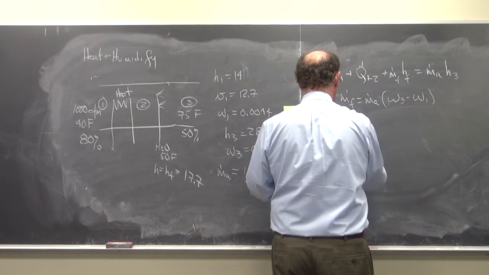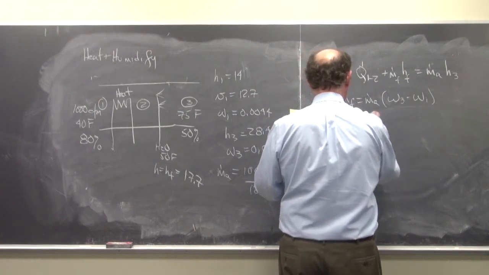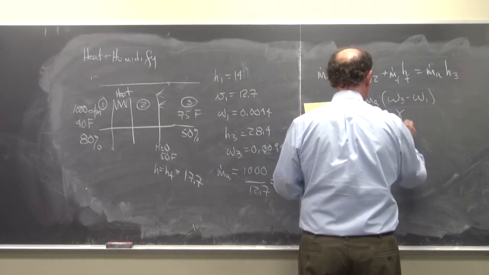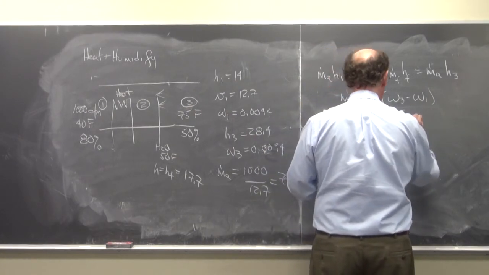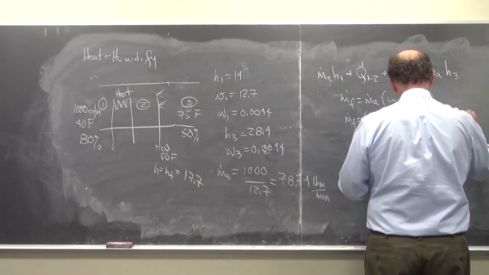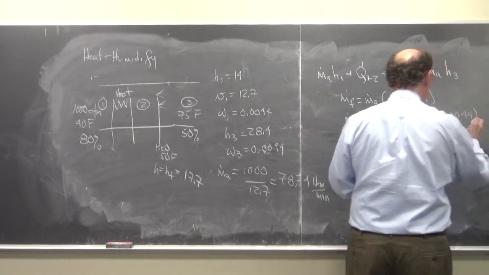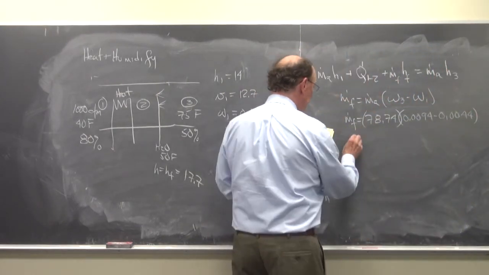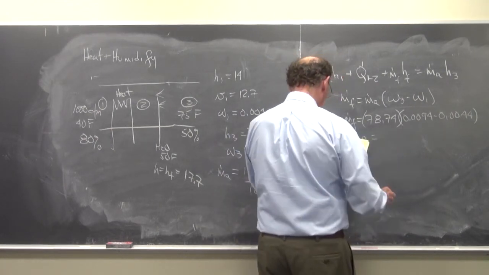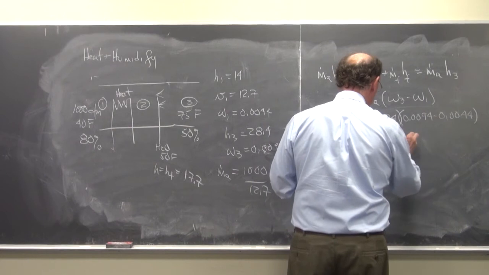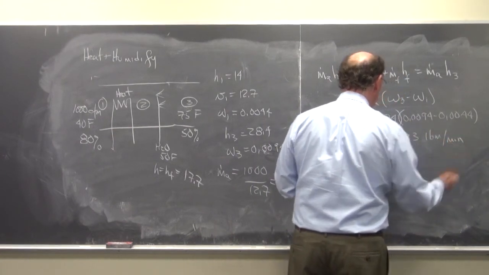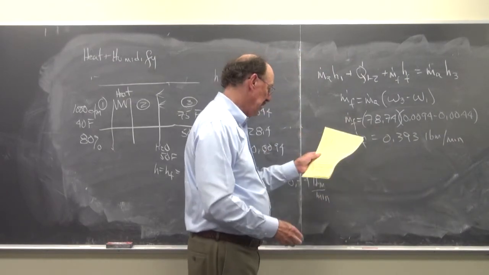So m dot F is equal to 78.74 times 0.0094 minus 0.0044. So I do that, and I'll find that the mass flow rate of the liquid is 0.393 pounds mass per minute. So it's not very much compared to the other one.